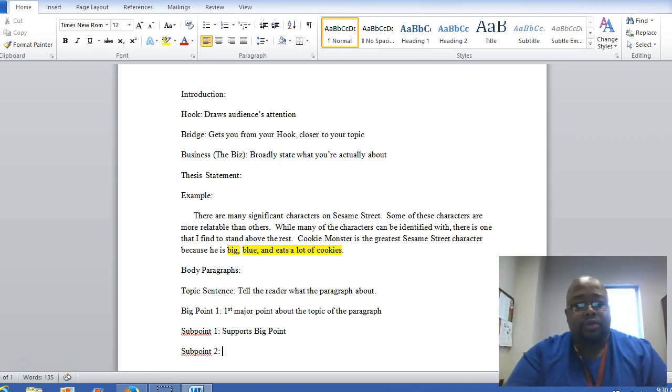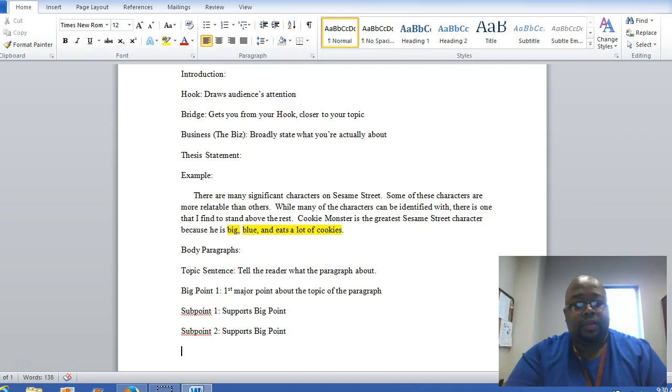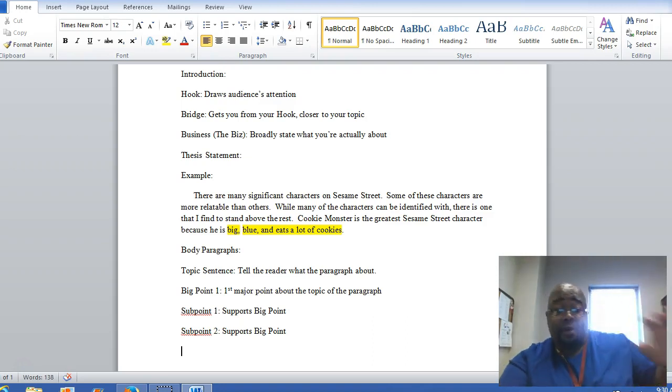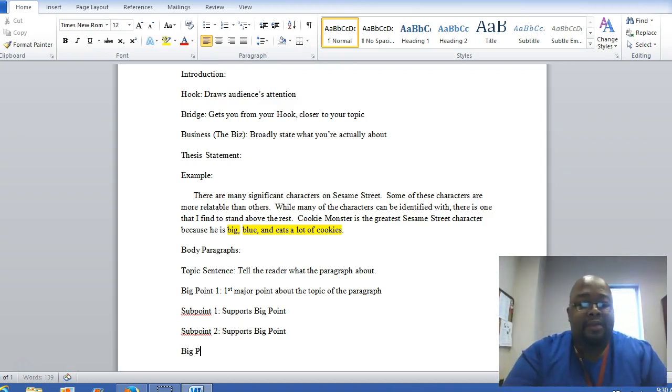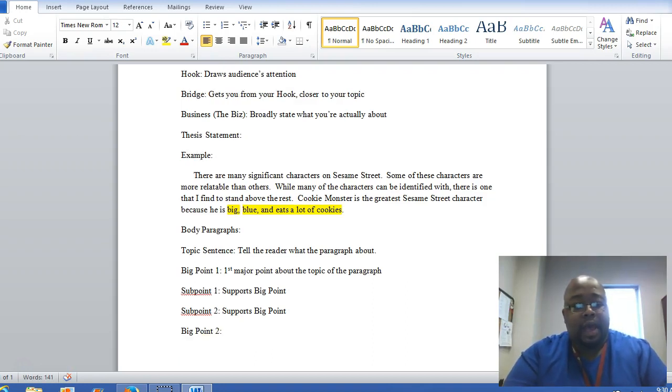Sub point 2 does the same thing, supports the big point. After you have big point 1 and sub points 1 and 2 to support big point 1, you're going to repeat that. You'll have big point 2 and you'll have 2 sub points for it.